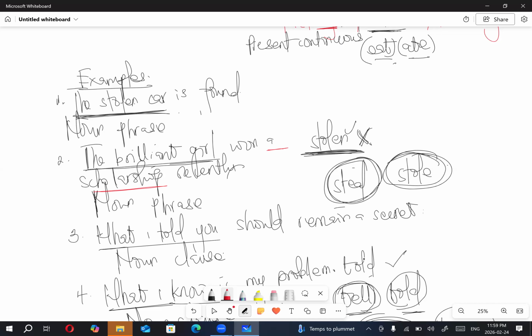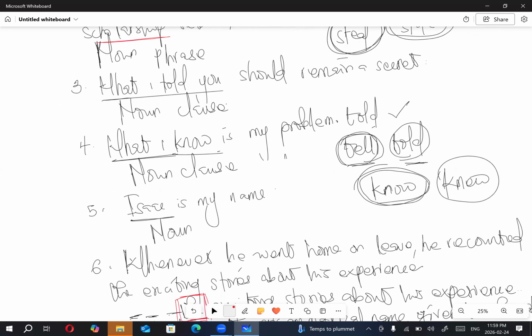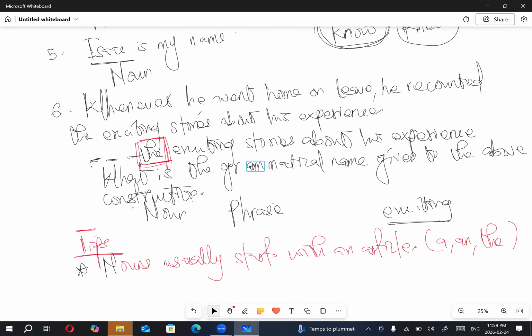You don't think too much, but you agree with me it's a noun something, right? Why? Because it's also starting with an article. So that's the first step, and I believe you concur.